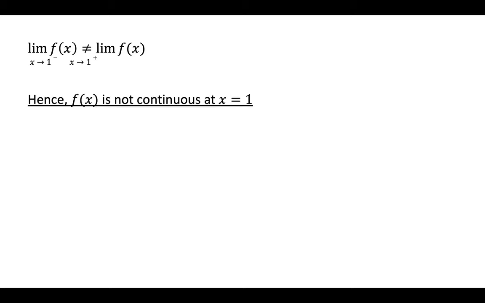We can say limit x tends to 1, f of x does not exist, and f is discontinuous at x equal to 1. We can also write that the greatest integer function is not continuous at integers. So the function is not continuous, then it is not differentiable at x equal to 1.